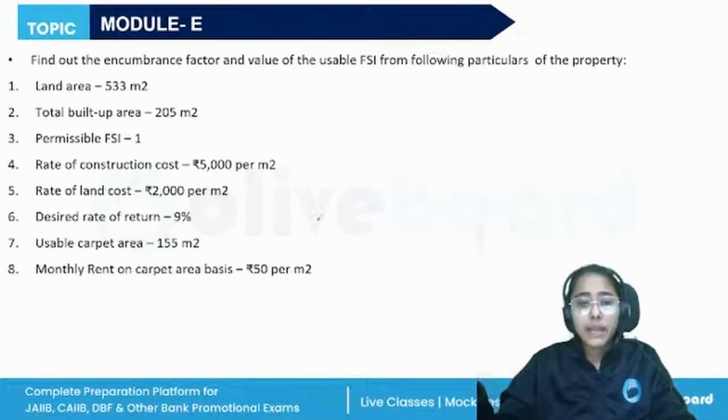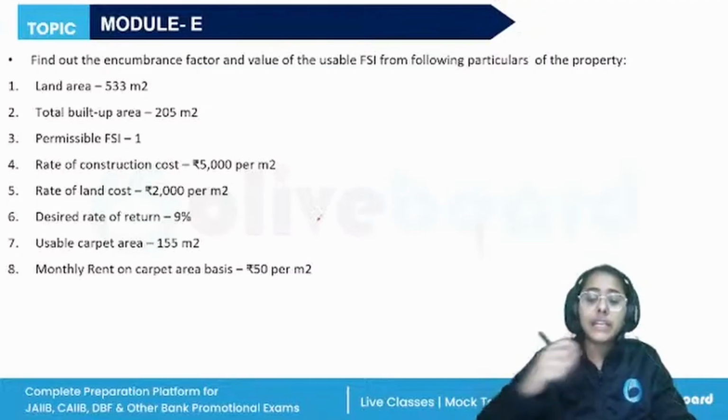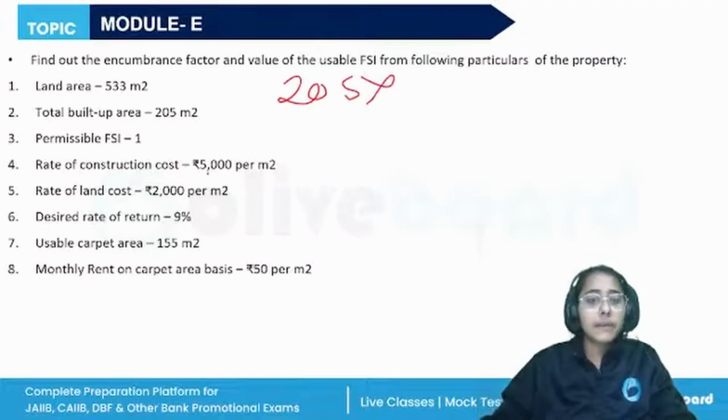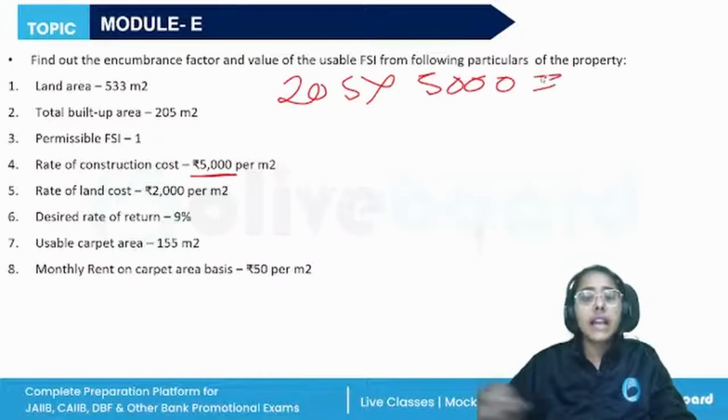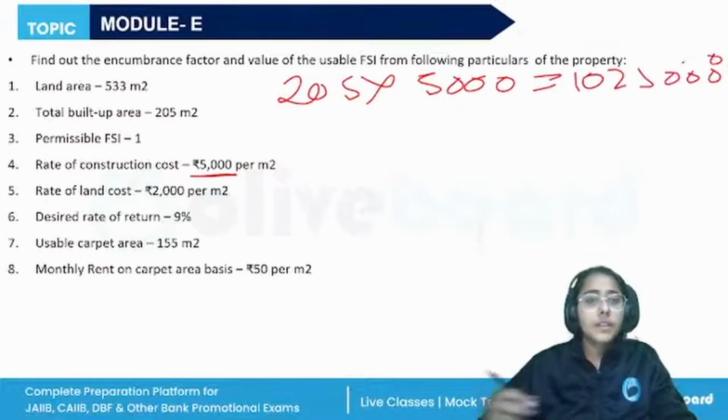We multiply the rate of construction cost with the total built up area. So the cost of construction will be 205 multiplied by the rate of construction 5,000. So simply we can calculate it, right? It will be 10,25,000. First thing, all right.